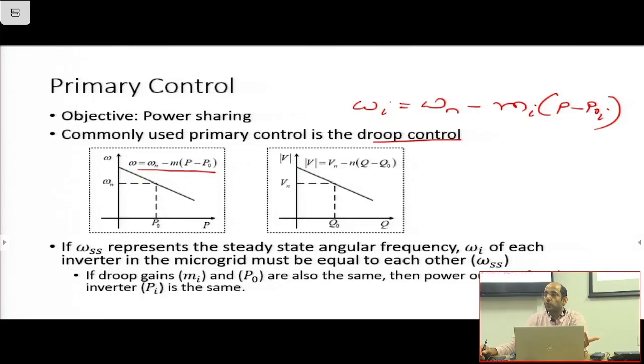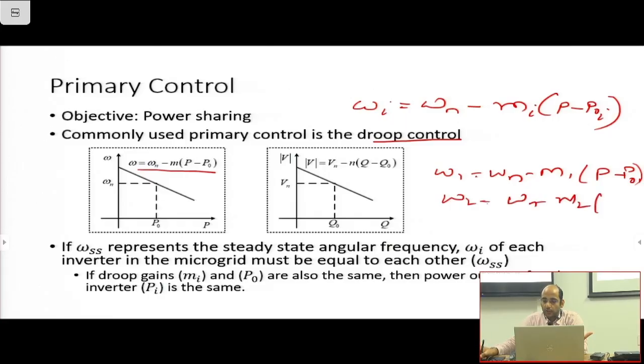So let's take for example two sources. Omega 1 equal to omega nominal minus m1 times p minus p naught 1. Omega 2 equal to omega nominal minus m2 times p minus p naught 2. Like that. Now if we keep the slopes m1 and m2 the same, then at steady state these omegas have to be equal. They cannot be different. Omega 1 has to be equal to omega 2. The nominal frequencies are the same, so they will cancel out. Let's say m1 and m2 are also the same, so those m's will also cancel out.